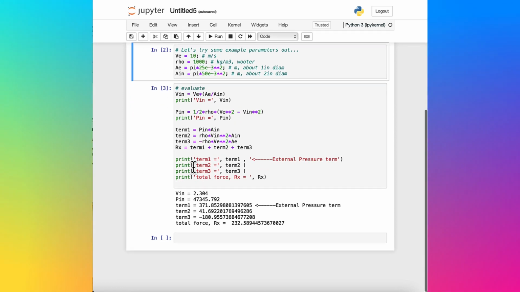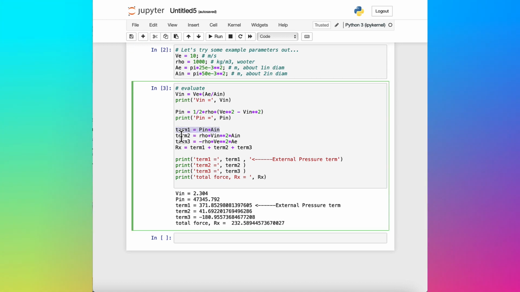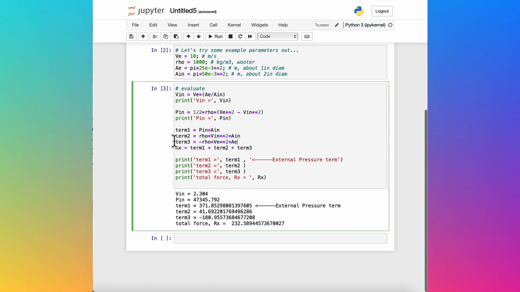All right, and then we'll evaluate. I just used the three equations that we got. The one thing that I'll do here is break our terms out. There was a pressure term, an inlet momentum term, and an outlet momentum term used to calculate the total reaction force required to hold the nozzle in place. I had defined this number to be positive if it pointed to the left, and I have kept the signs of these so that I can compare the relative size.